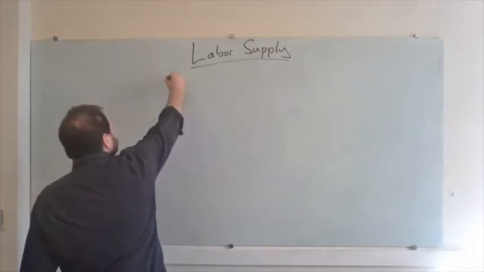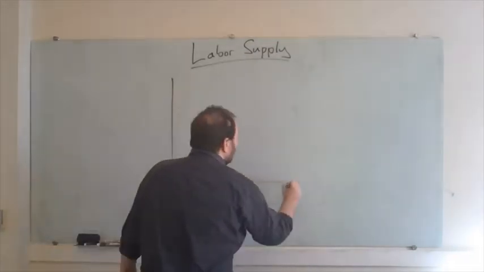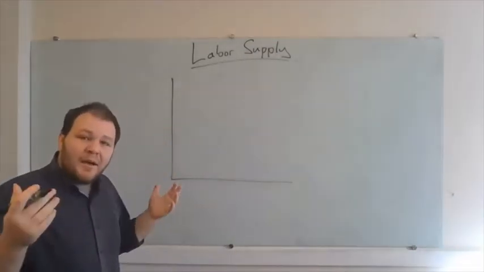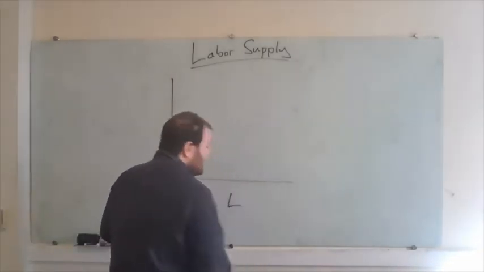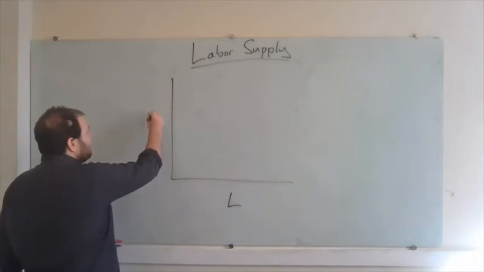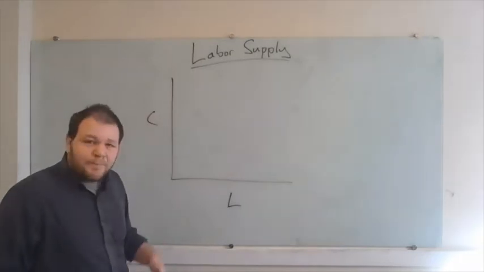And as a result, if we want to understand our choices of leisure and consumption, our choices of how much to work, we're going to want to think about a budget constraint where we're comparing various values of leisure and consumption, right?